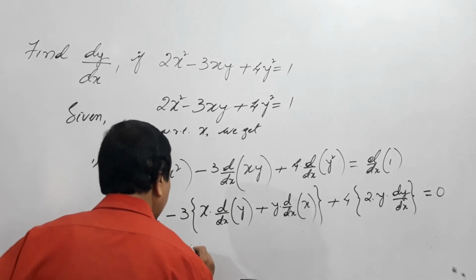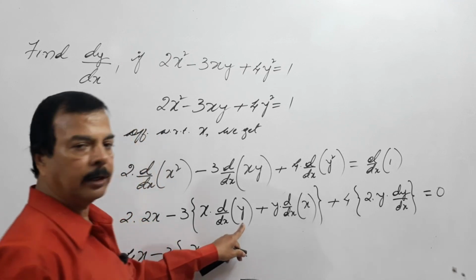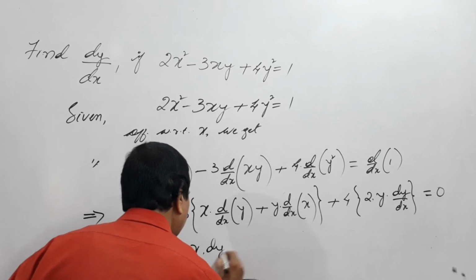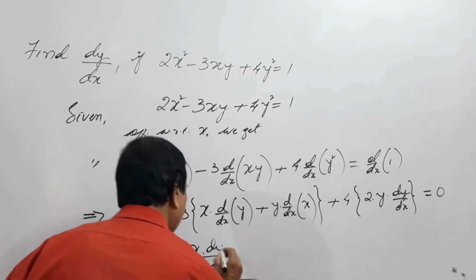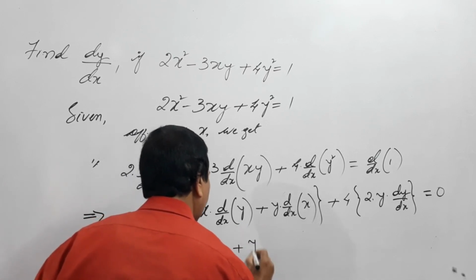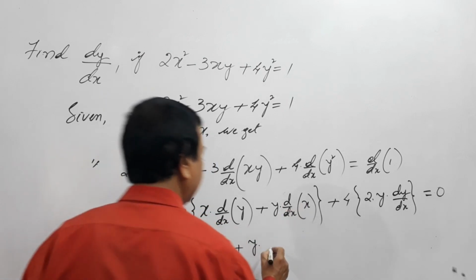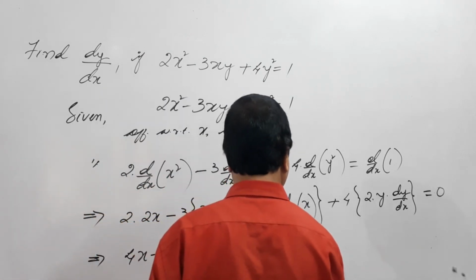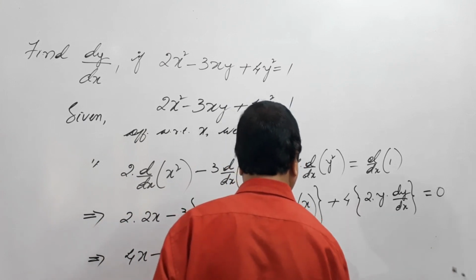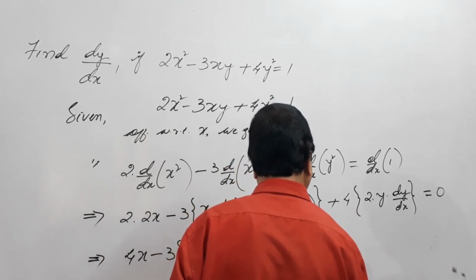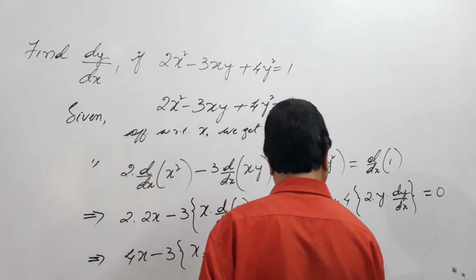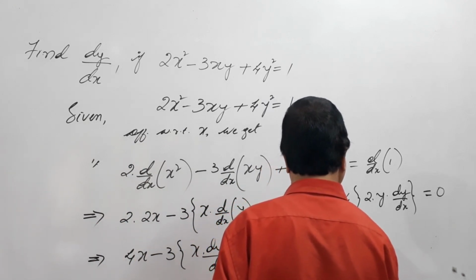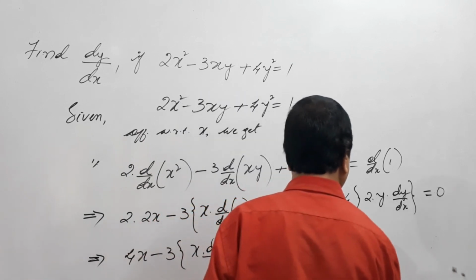This becomes x into differentiation of y, which is dy by dx, plus y into d by dx of x, which is 1. This will be plus 4 2s are 8y into dy by dx equals 0.